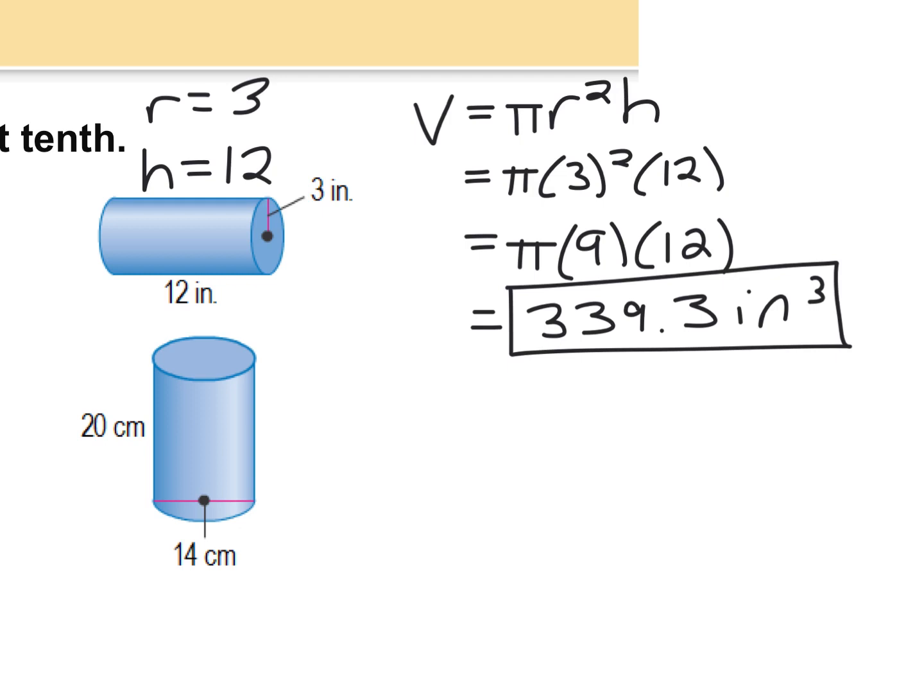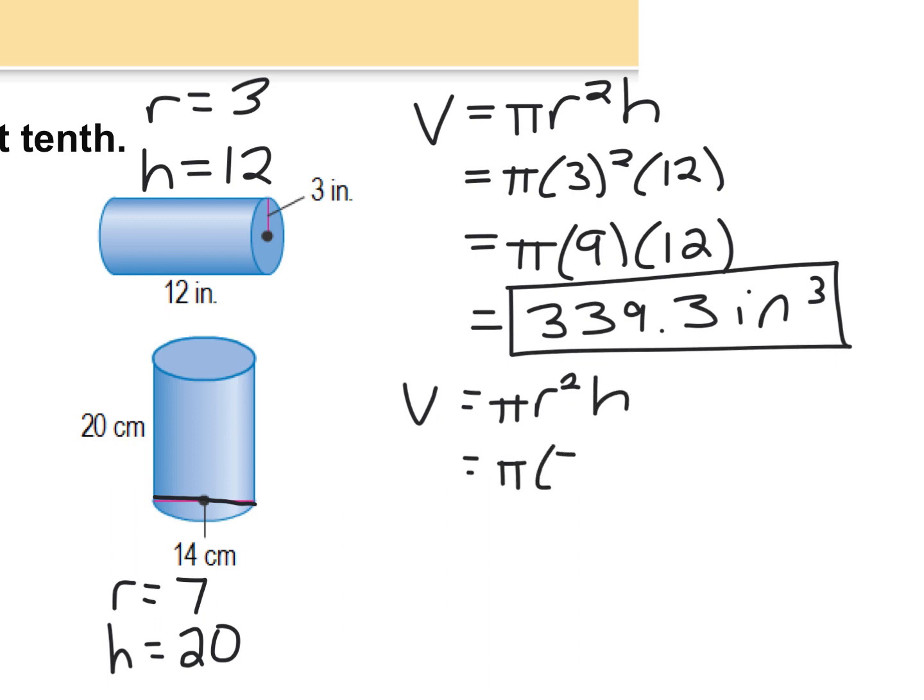Looking at that bottom one, what is the radius? 7. Why is it 7? Because we need half of the diameter. So we have 7, and then the height is 20 inches. So do we have everything? Yes. So go ahead and plug it in. We have 7 squared. What's 7 squared? 49.